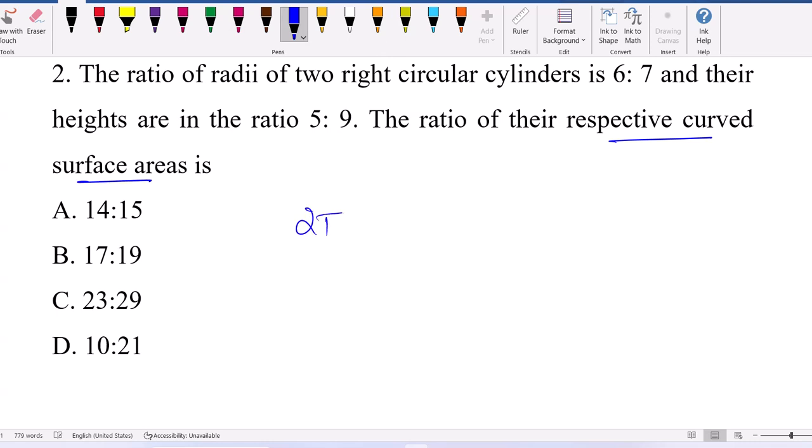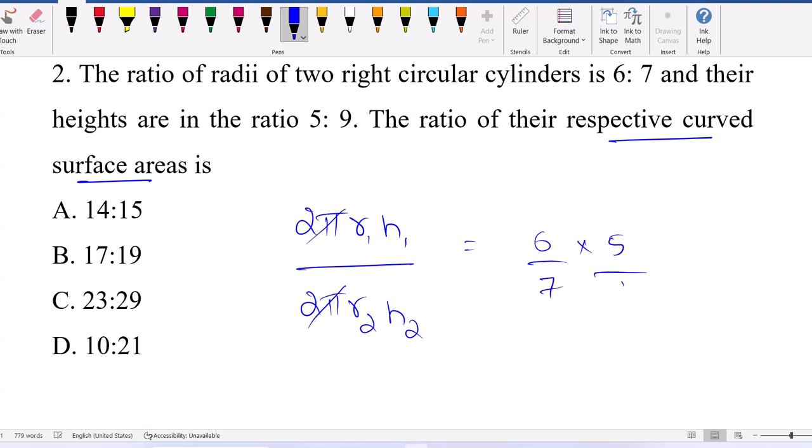Curved surface area is 2 pi R1H1 for the first one, and 2 pi R2H2 for the second one. 2 pi is common. Radii are 6 by 7, heights are 5 by 9. This is 3, 2 times 3, 3 times. It's 10 upon 21. Option D.